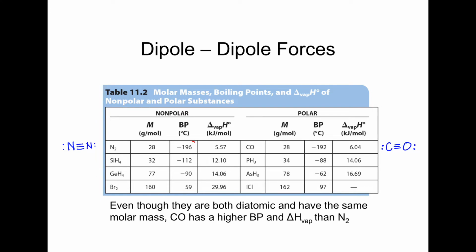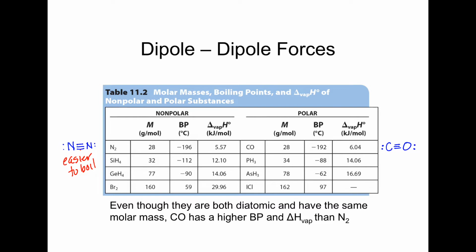The boiling point of nitrogen is at negative 196. The boiling point of carbon monoxide is negative 192. So the boiling point of carbon monoxide is actually higher, and the boiling point of nitrogen is lower. Now what those boiling points mean is that nitrogen gas is easier to boil.